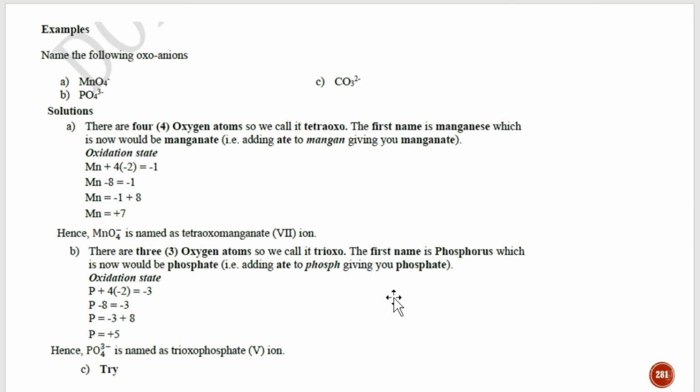Now note, here we calculate for the oxidation state. We don't assume if it is variable or not. You calculate the oxidation state and then you put it in capital Roman numerals. So when we do that, we'll have Mn with an oxidation state of +7. So our name becomes tetraoxo manganate (VII) ion.